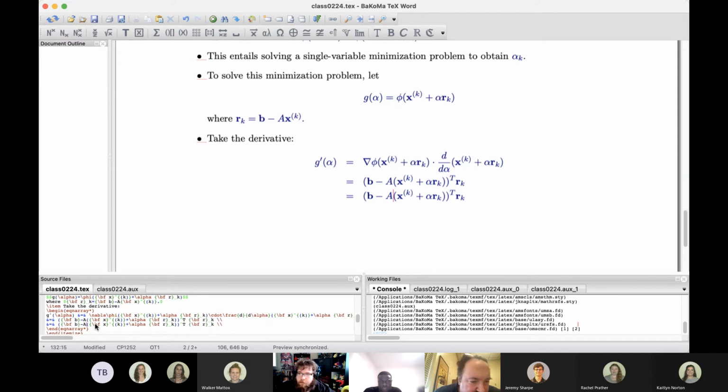So then I have Axk and then alpha Ark. All right, let's take down these parentheses. Now, b minus Axk, that's rk. That's why I want to have it right here. So I'll just go ahead and make that substitution.